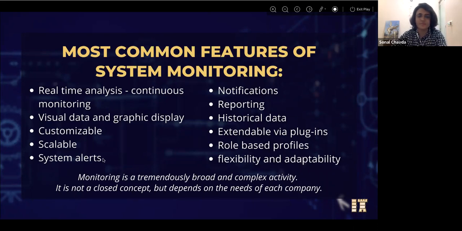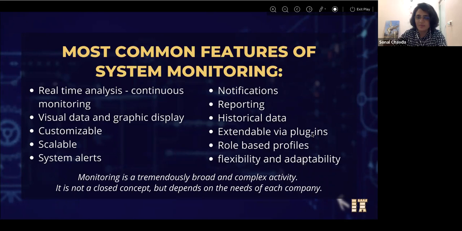System alerts. Again, the most important aspect of a monitoring tool. Notifications, reporting, because it's not just collecting the data, but from all this historical data available in the monitoring tool, one should be able to create nice reports for the management.